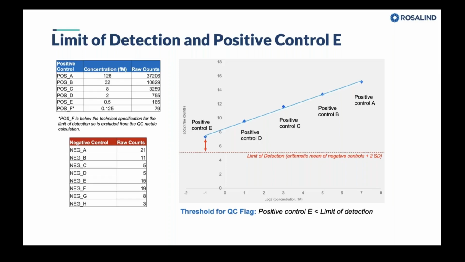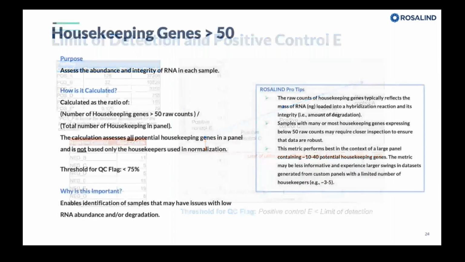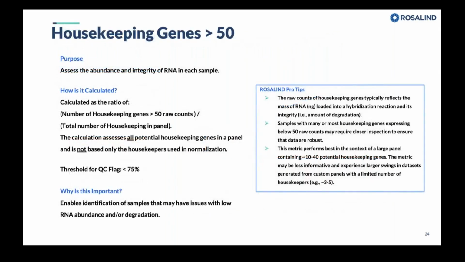Next metric, which is brand new, available within Rosalind, not available anywhere else, is what we call housekeeping genes greater than 50. It's a pretty straightforward metric and allows us to assess the abundance and integrity of the RNA in each sample.